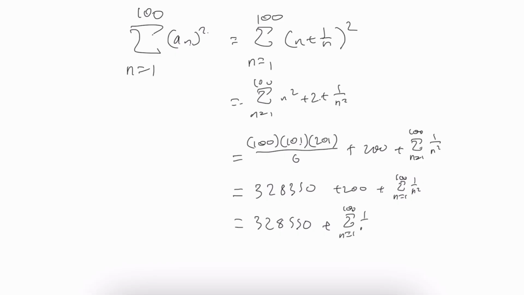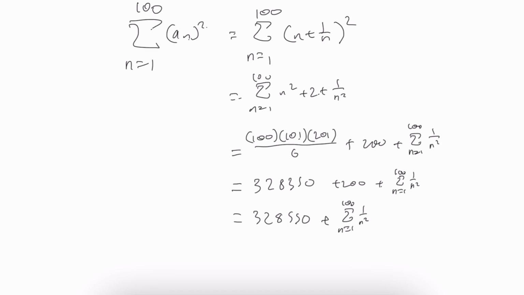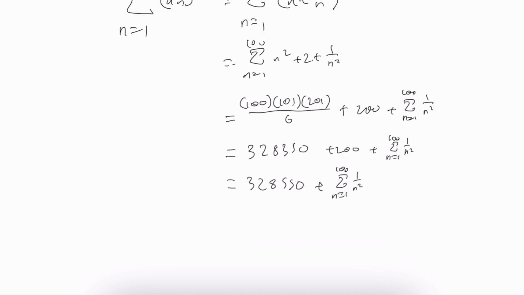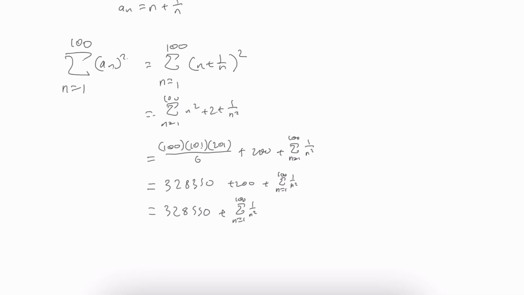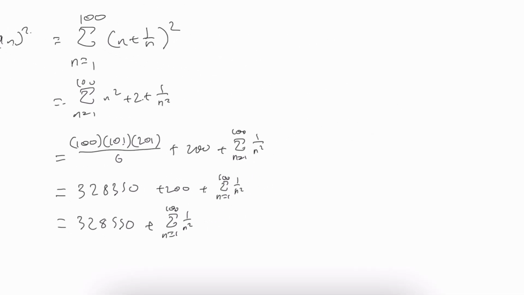And so we have to figure out what this last term is. If you've seen this before, you might recognize or remember that the sum from n equals 1 to infinity of 1 over n squared is actually pi squared over 6, which is less than 2.